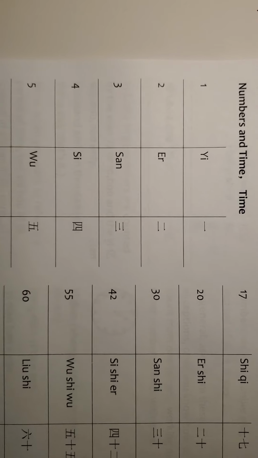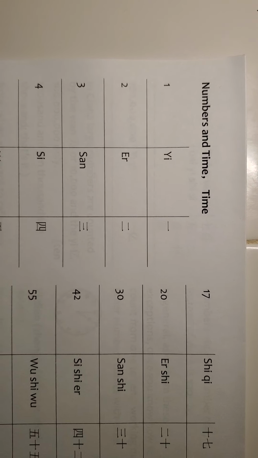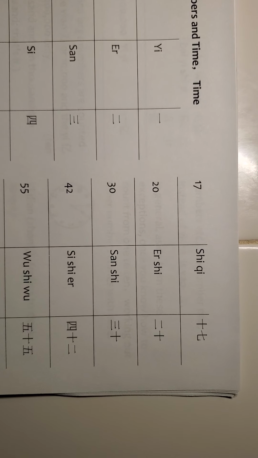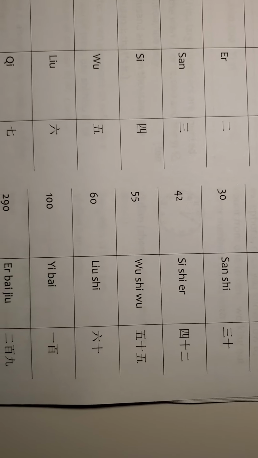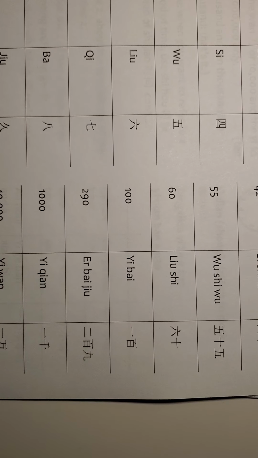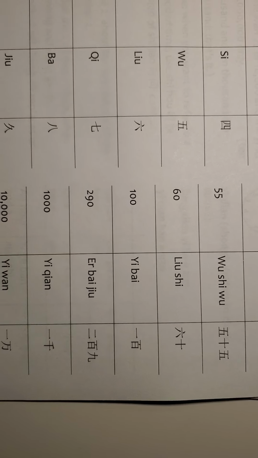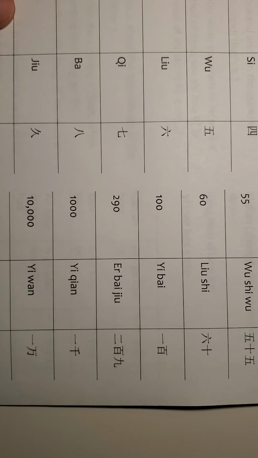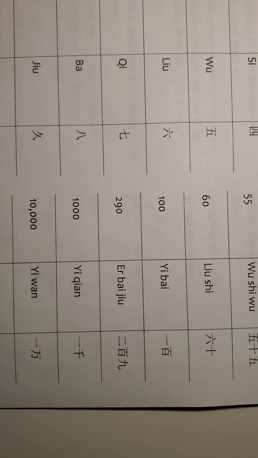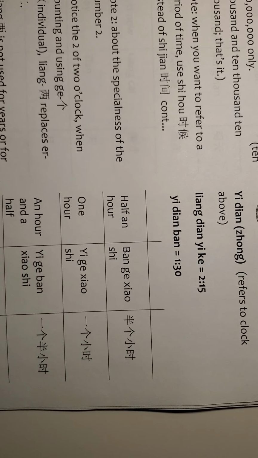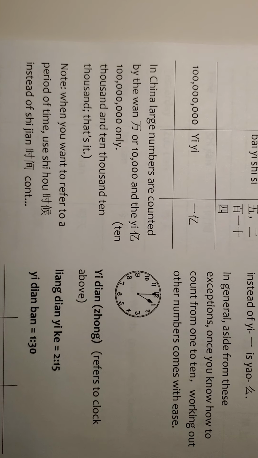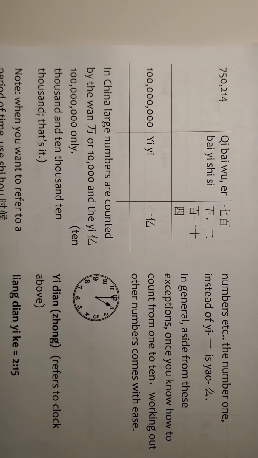Here we have our numbers. 1, 2, 3, 4, 5, 6, 7, 8, 9, 10, 13. Wait, I'm skipping to random numbers. 13, 17, 20. I don't know, just random numbers. I'm fun like that. 30, 32, 55, 60, 100, 209, 1000, 20,000, 750, 414.